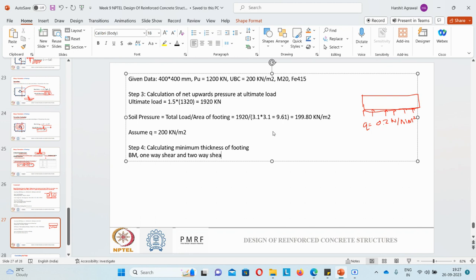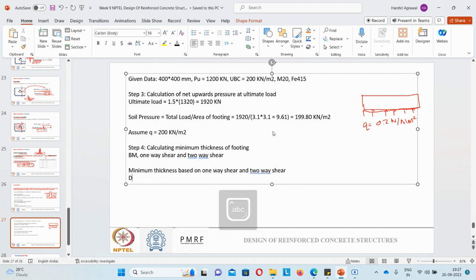I will advise you a better way to design this. Design the minimum thickness based on one way shear and two way shear only. Don't take bending into account right now. Just leave it. You will get a value of D.